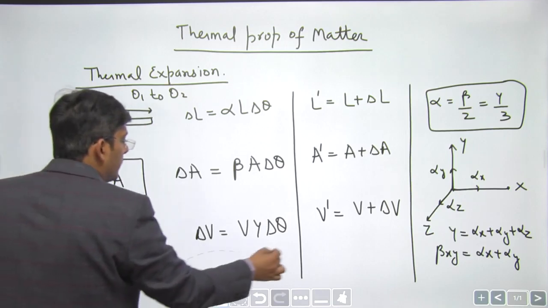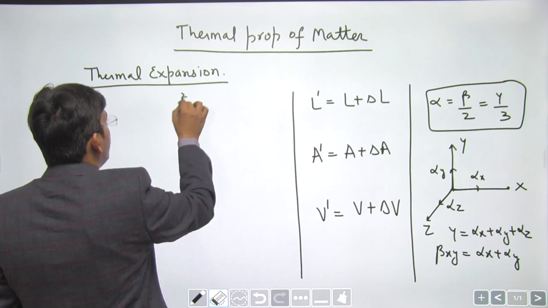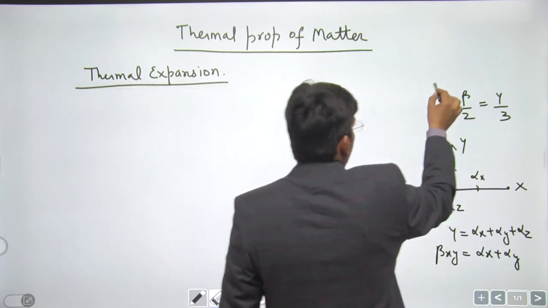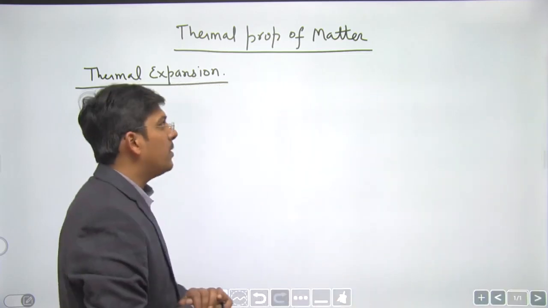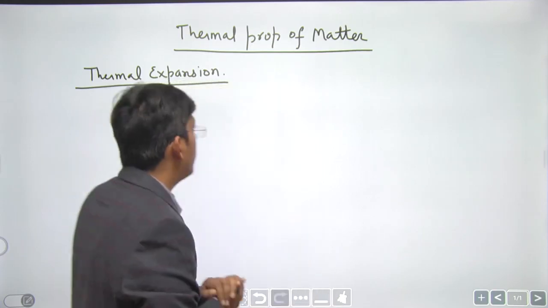So this is the basic formula for linear expansion. Let us now discuss what type of questions are expected in the case of linear expansion. Okay, let us do a variety of questions that are expected under this heading.